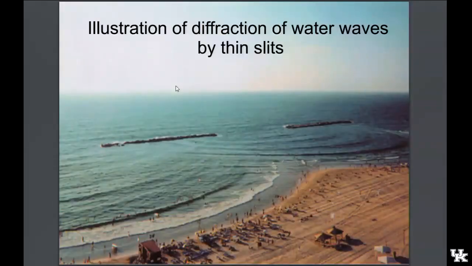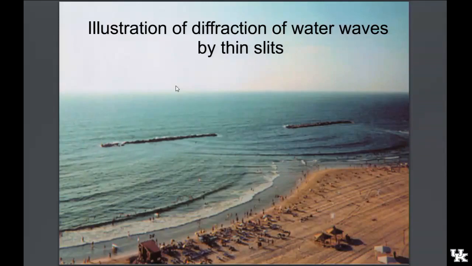So here I've got a couple of pictures. We've gone to the beach. Here are some examples of diffraction of water waves. If you look here, there are some barriers for the ocean waves. And you can see to the left and above the barriers, these are the ocean waves approaching these barriers.